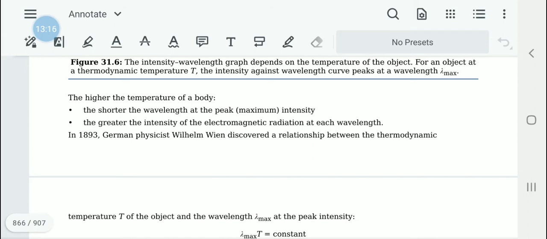The deductions that can be made using the above graph. So you'll have to pause the video and draw that graph, then you will be able to understand that.